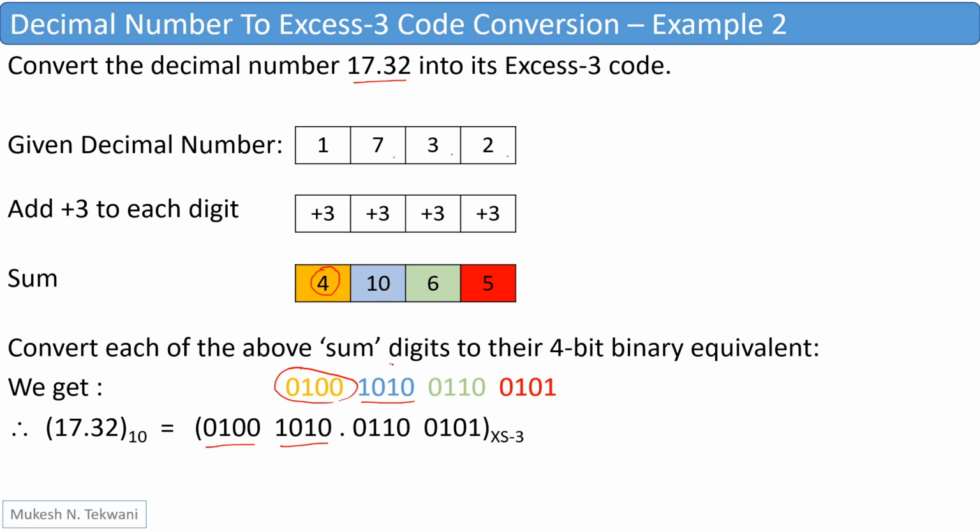After this, we have the decimal point in our original value, so we write the point. This is the radix point. Then 0110, followed by 0101. This becomes the value in Excess-3 code.